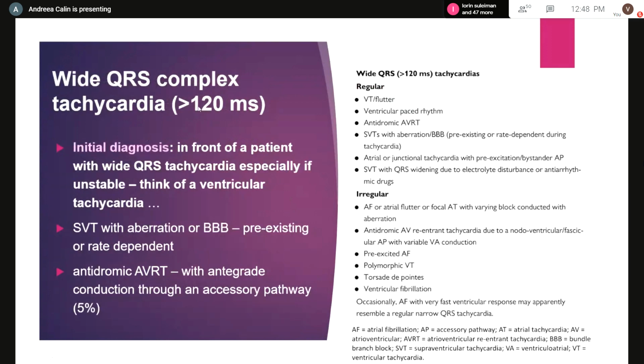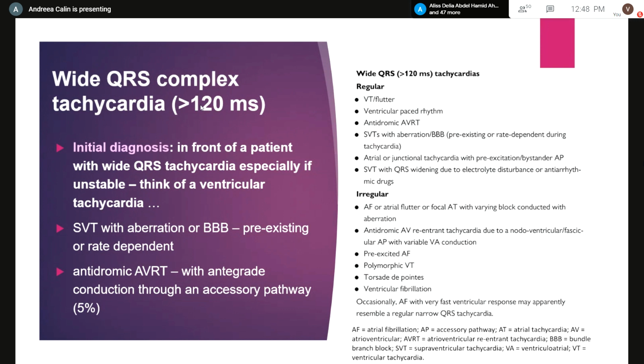In wide QRS complex tachycardia, the diagnosis is more complex, more difficult. The initial diagnosis, when we are in front of a patient with wide QRS tachycardia, especially if the patient is unstable, we should think in the first place of a ventricular tachycardia, and we should treat the patient like we treat ventricular tachycardia.